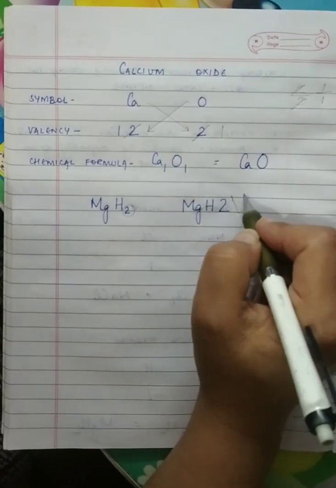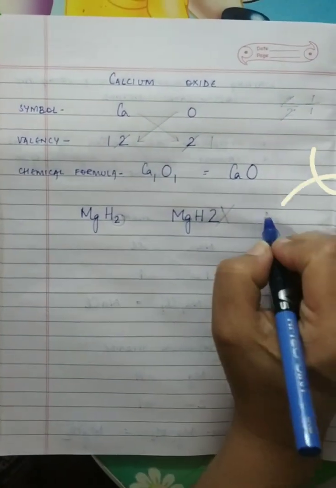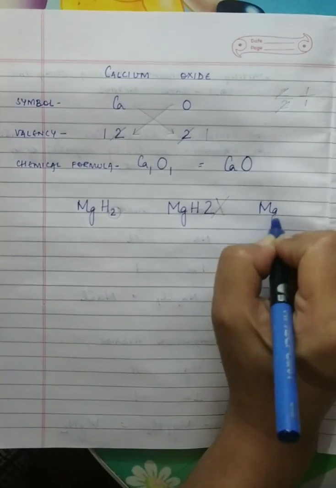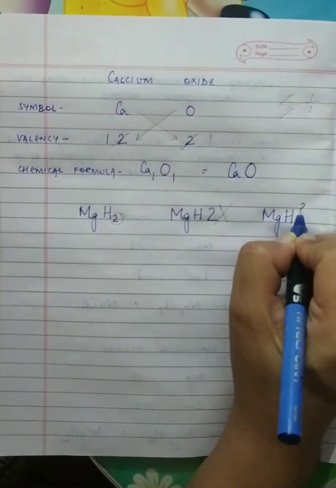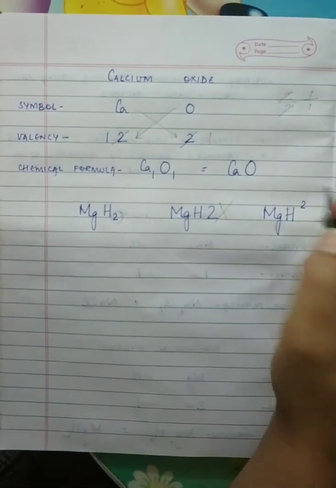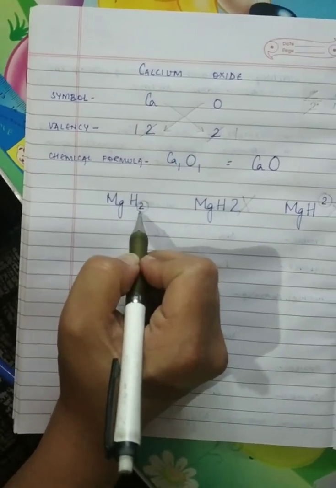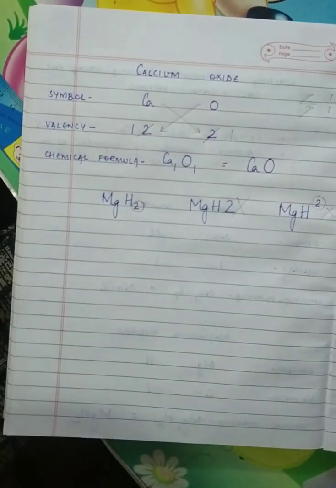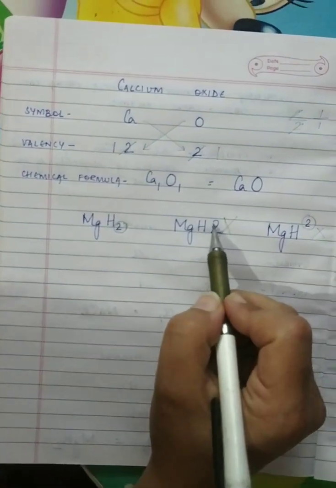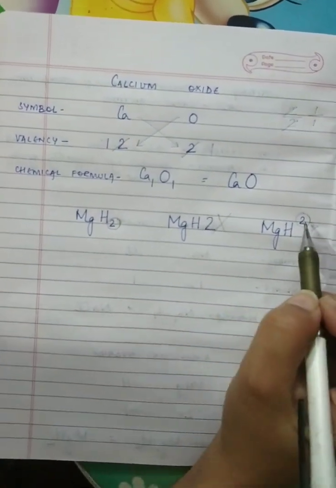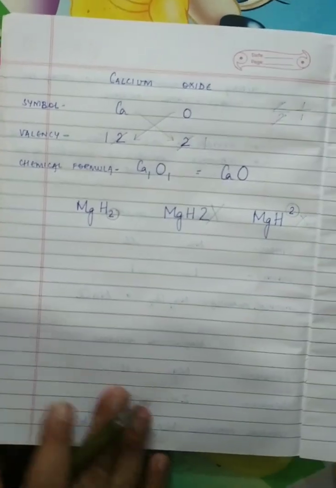It becomes wrong. Or you cannot write it as a superscript either. This also becomes wrong. So this number should be written as a subscript, not at the same level as H and not as a superscript.